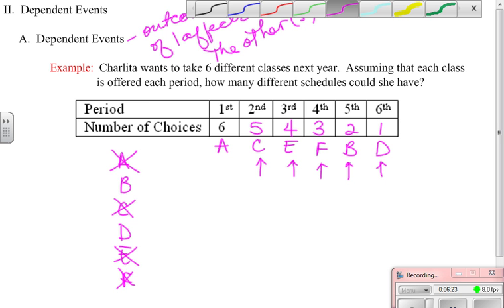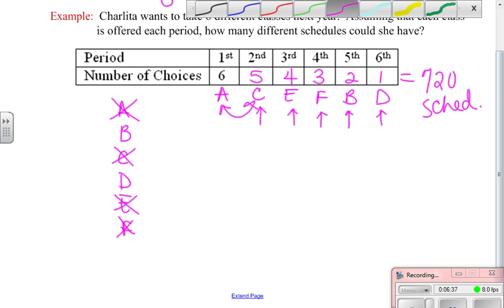We still can multiply all these things up, and we come up with 720 schedules. Because each time you would flip one class with another, it becomes a new schedule. Well, this actually is an operation, and it's called factorial. And the sign for it is an exclamation point.